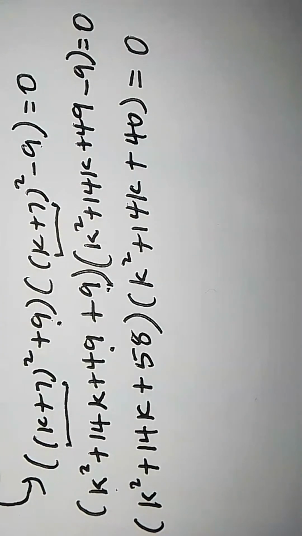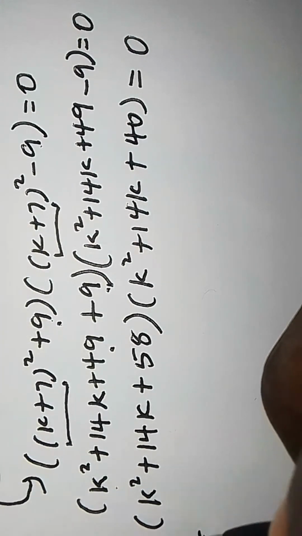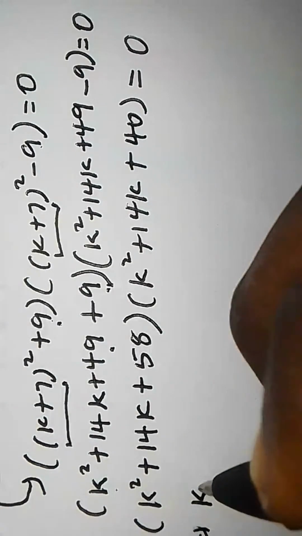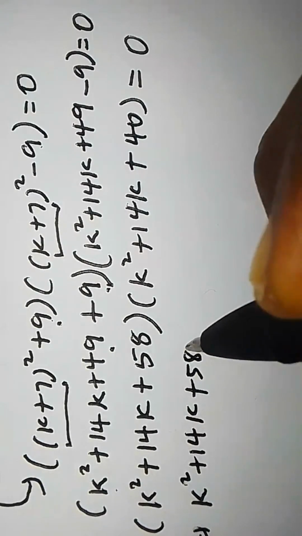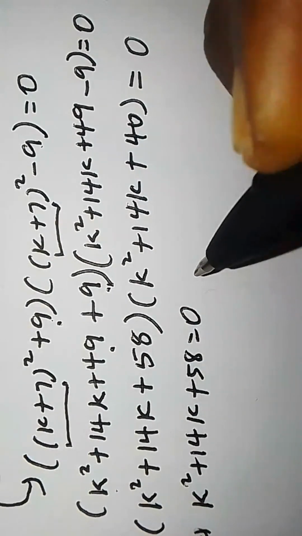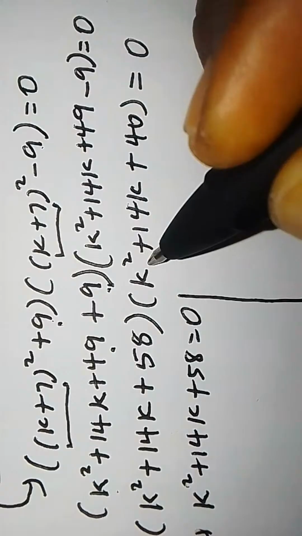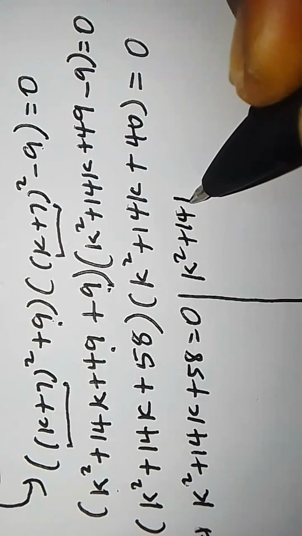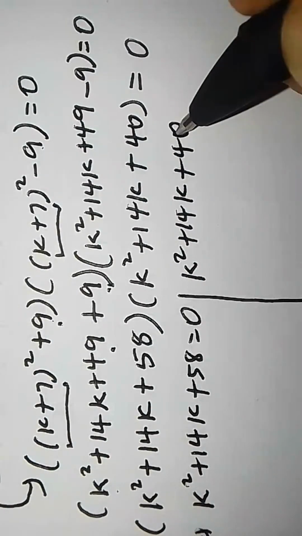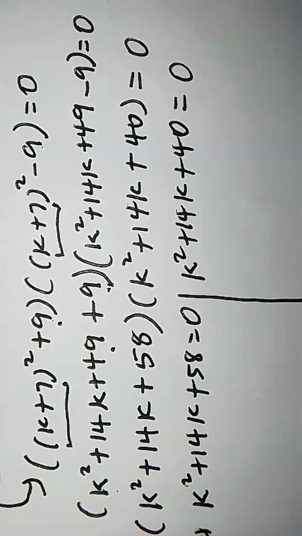Let's proceed further. This implies that k squared plus 14k plus 58 is equal to 0, or this particular guy, k squared plus 14k plus 40 is equal to 0.